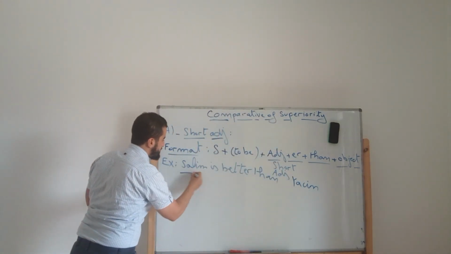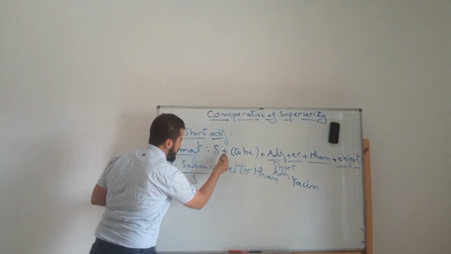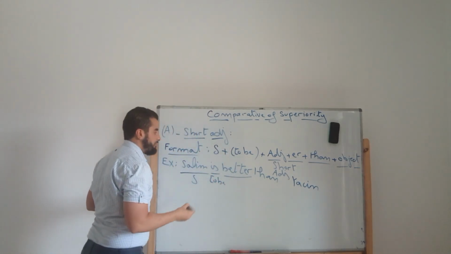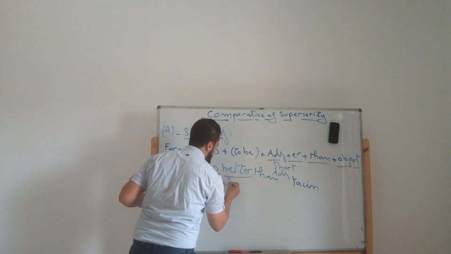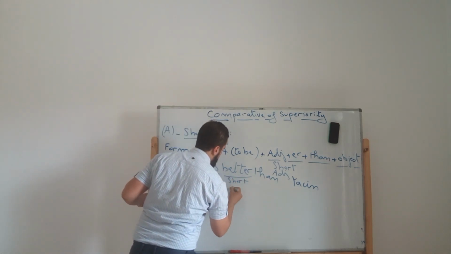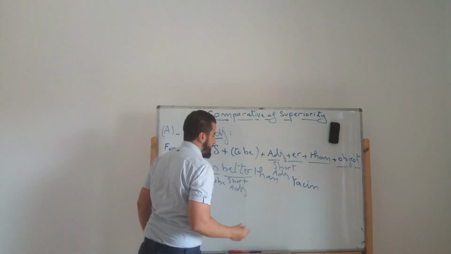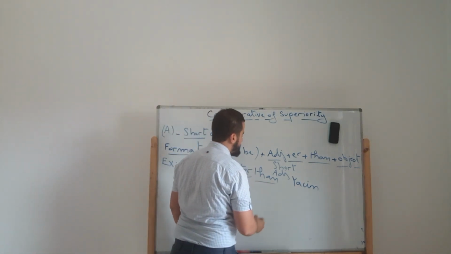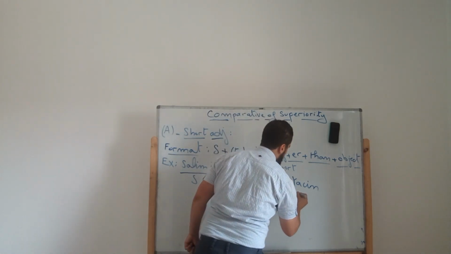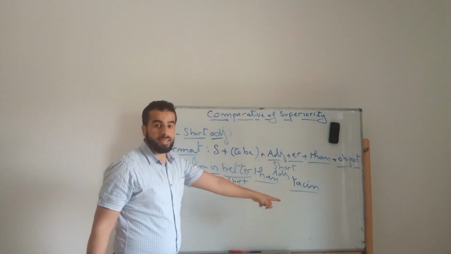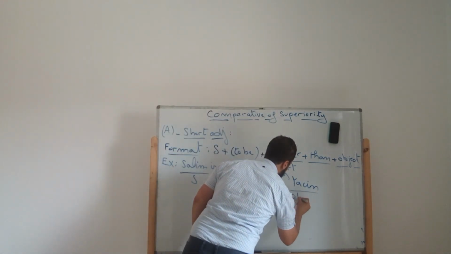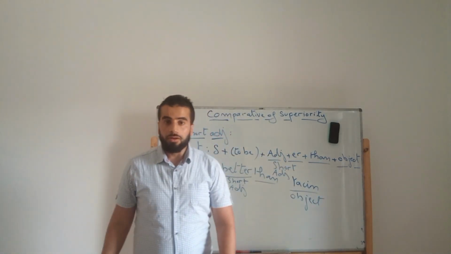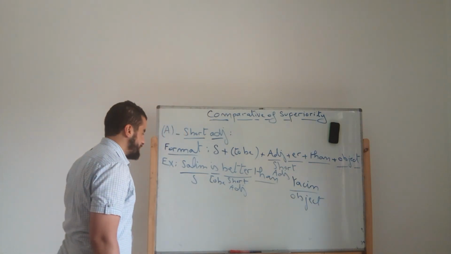So subject, Salim, is the auxiliary to be. Better, we have adjective plus er, so short adjective. Then we have than. It is a preposition and conjunction at the same time. Yasser is the object. Alright? This is the short adjective.